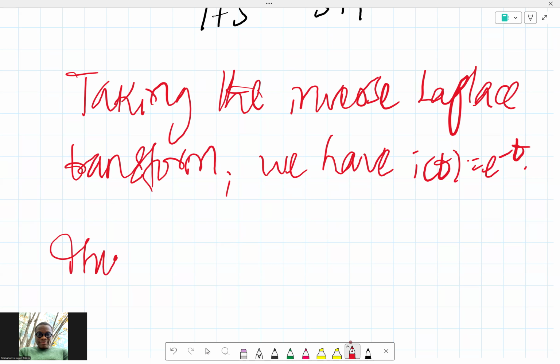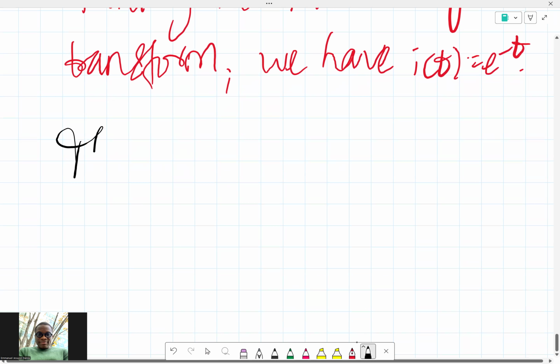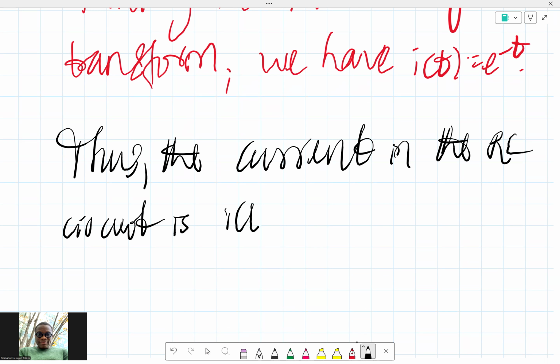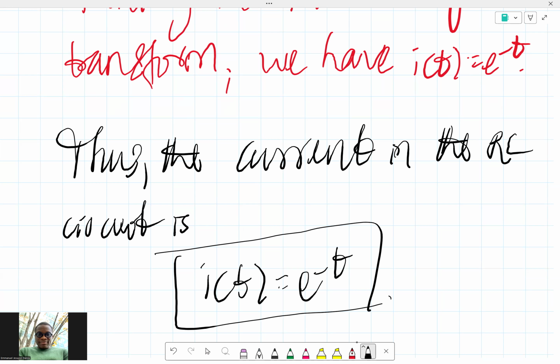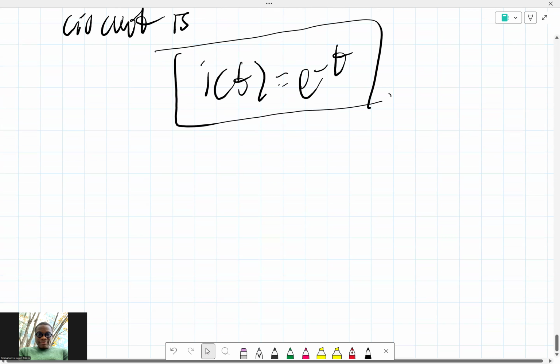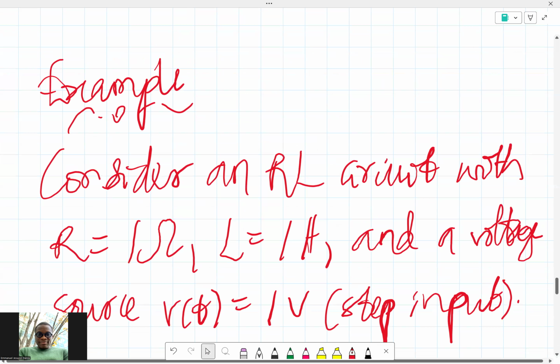Thus, the current in the RL circuit is i(t) equals e raised to minus t like before. So yeah, that's an example to support that.